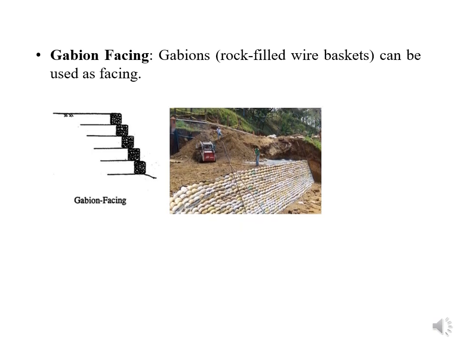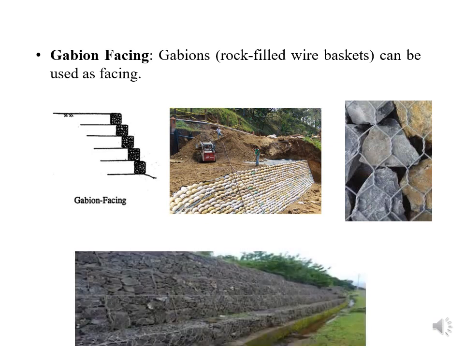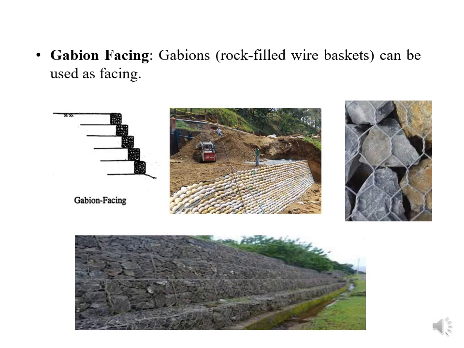You can also see some more figures of how these rock-filled wire baskets have been used as facing units. In the wire baskets the rocks have been kept, and this is used as a facing unit. Similarly, you can see this figure, where wire mesh is used. So this comes under gabion facing.